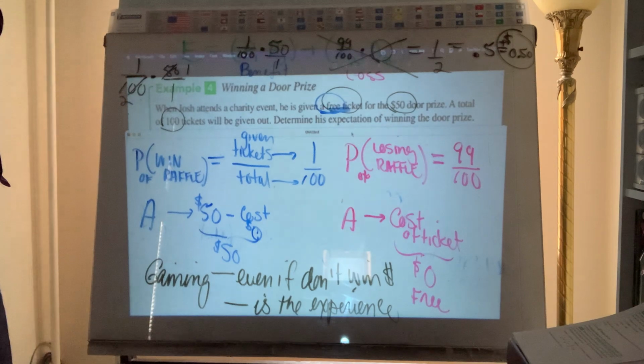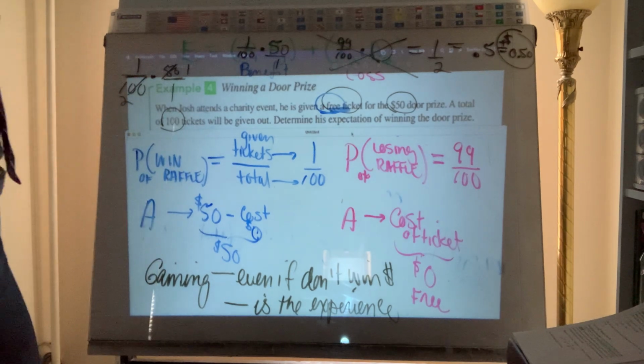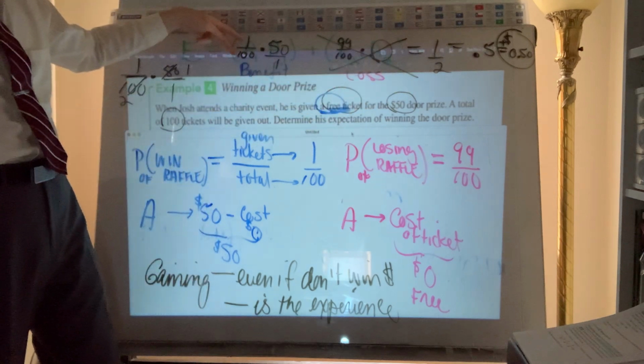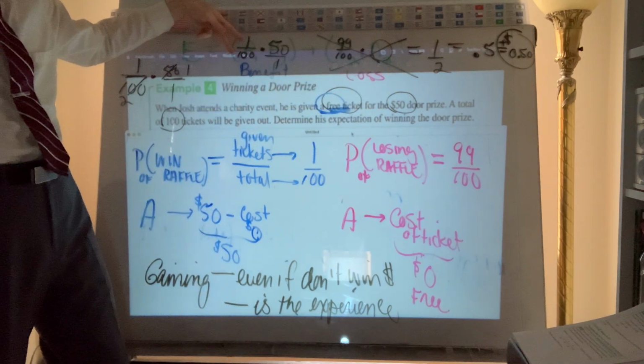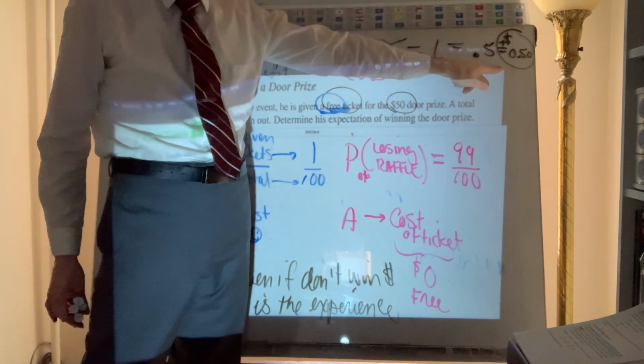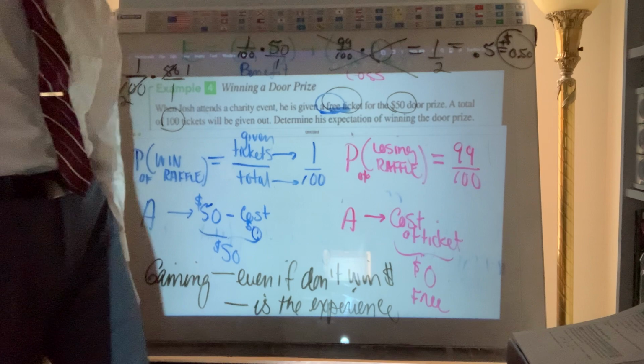That's the expected value. It's not quite $1, right? Because the chances of the person winning are quite slim. It's 1 in 100. But given a free ticket, it's still to a person's benefit to play. You can think about it as you've won an experience.